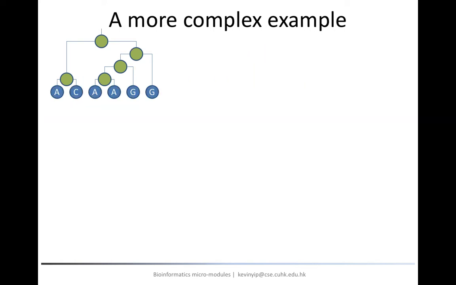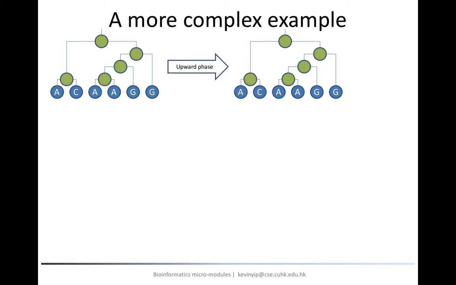Let's look at a slightly more complex example with 6 leaf nodes. In the upward phase, we gather the preferences upward. For the parent of the leaf nodes having A and C, it keeps both.